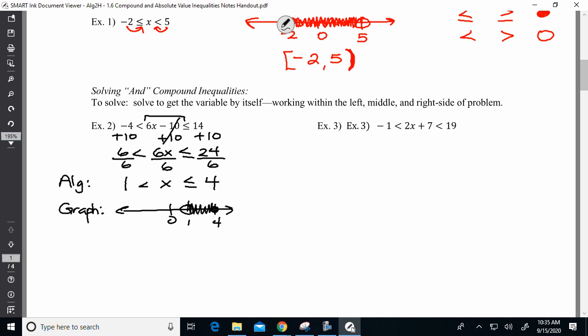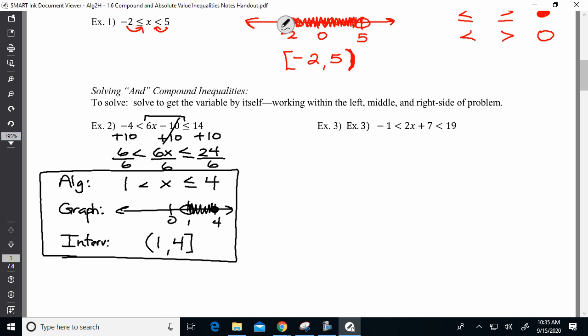You shade in between. And then your interval notation, 1 comma 4, 1 gets a parenthesis, 4 gets a bracket. So there's all 3 parts of your answer.